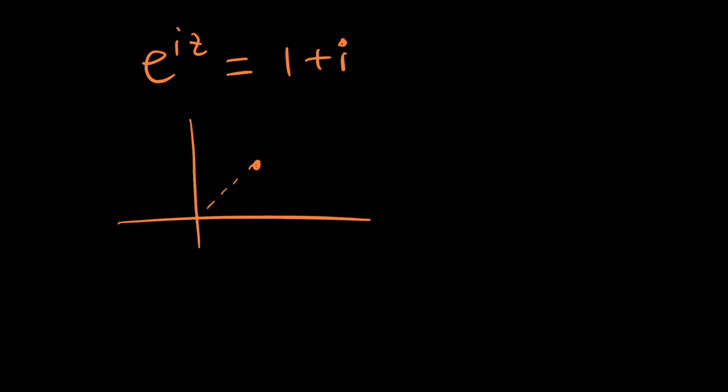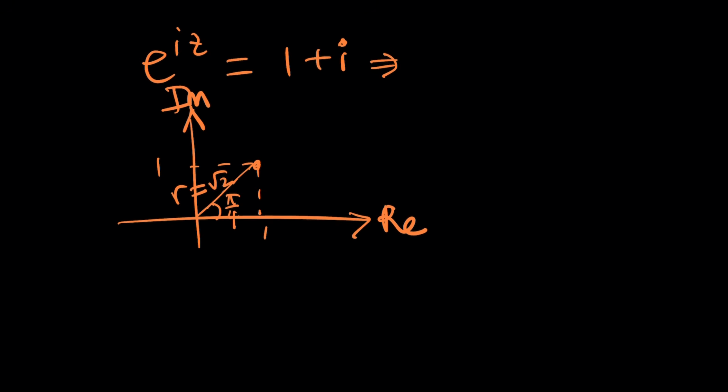This is basically the same thing as the vector 1, 1, like a point on the coordinate system, but we make it fancy by calling this real and this imaginary, and the whole thing is called the Argand plane. This makes a pi over 4 radians, and because this is 1, 1, this is going to be root 2, which is the modulus, r, the absolute value. I know that's a lot of information, but those are explained in detail.